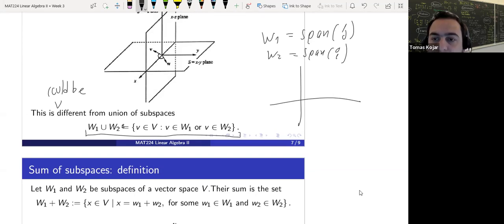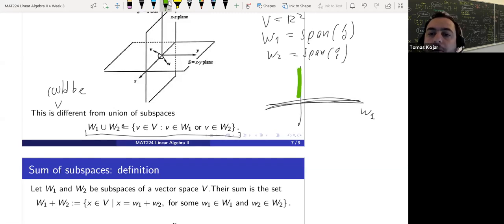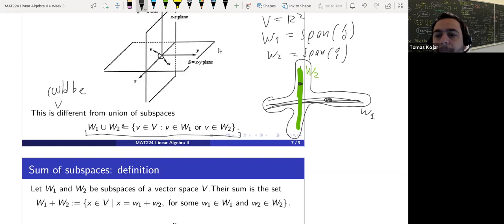So in this picture, V is R2, W1 is this, and W2 is this. And this union says you either pick it from here or from here. This is what the union is.